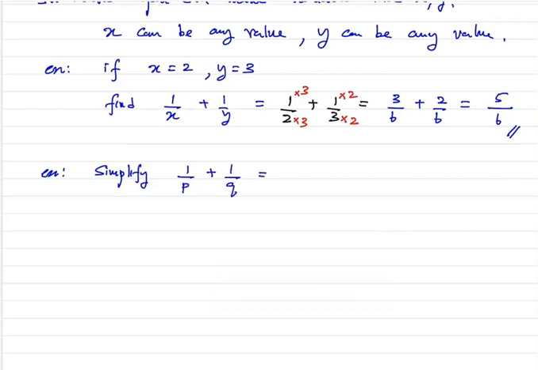Now here, the P value and the Q value are not mentioned. So what is the problem here? The problem here is the P value is not given. Q value also not given. But we have to still live with it.